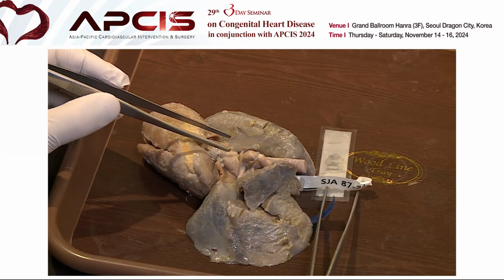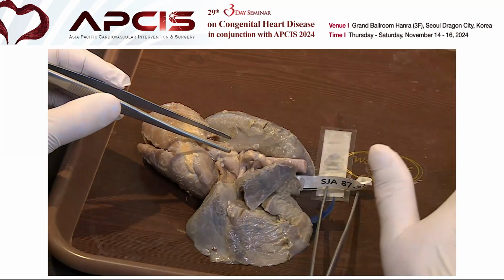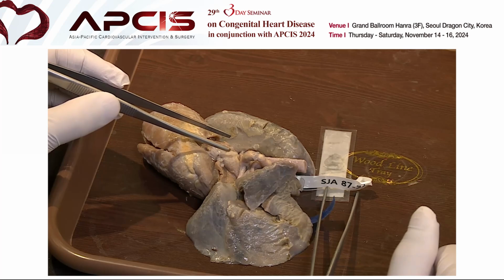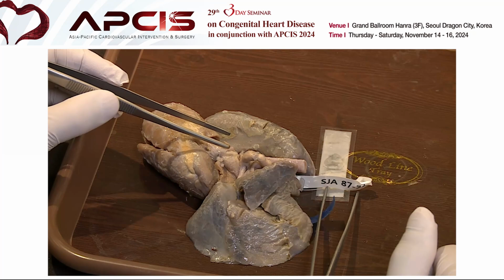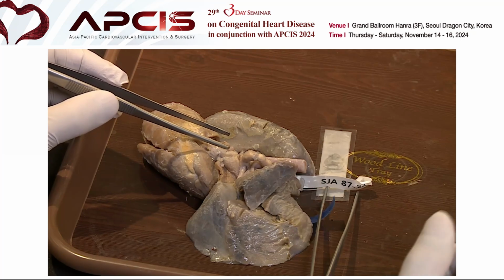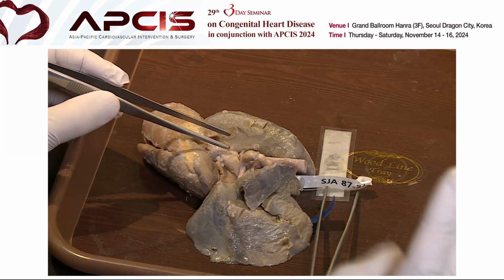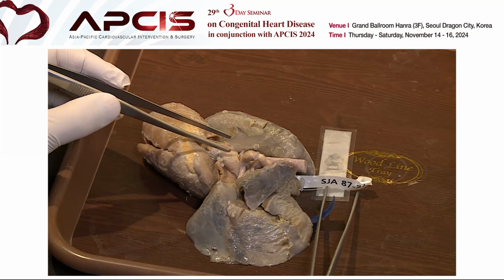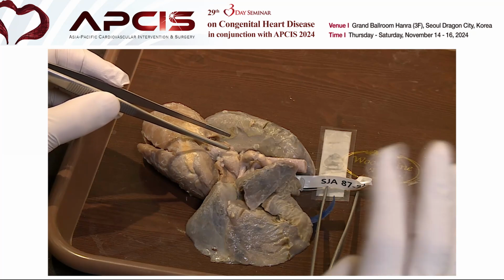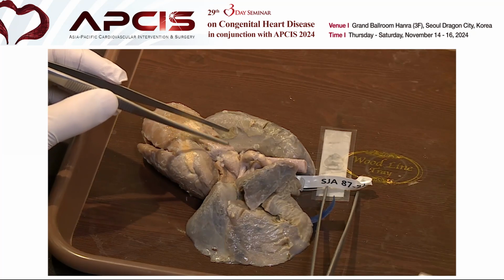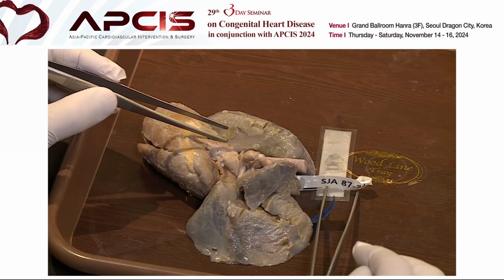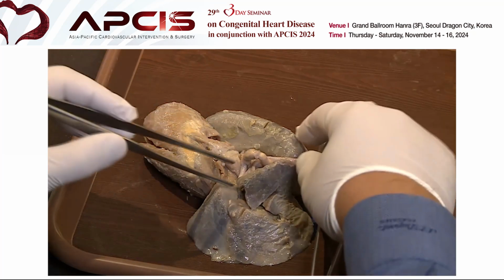But in patients with right atrial isomerism, the common pulmonary venous channel is buried deep. So usually the surgical repair is sutureless repair, not directly connecting the common channel to the atrium because of the small size of the confluence and also the deeply buried location of the common pulmonary venous channel. Thank you.